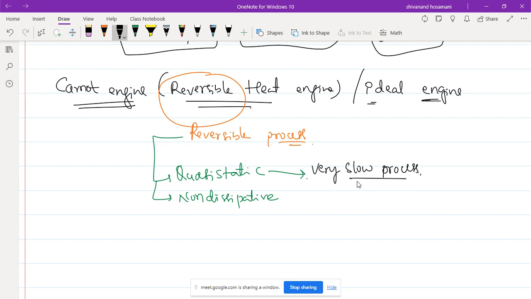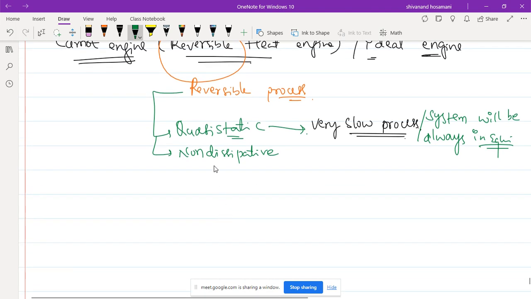So here, the quasi-static process is defined as a very slow process, or the system is said to be always in equilibrium. Because the process is so slow, you cannot even tell that the process is happening; it goes that slowly. We call this quasi-static. Since it looks as if nothing is happening, we call it a reversible process.